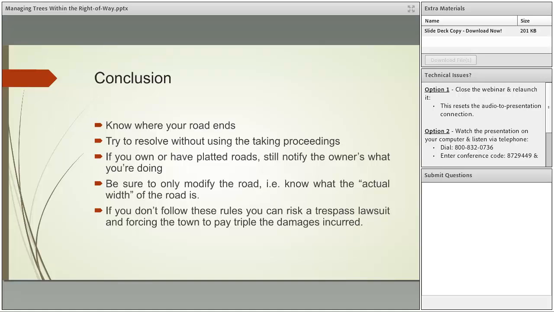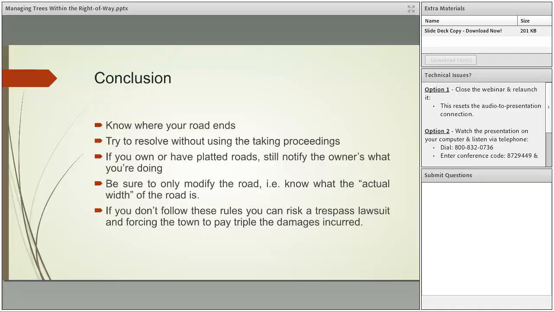Although this wasn't addressed here, there are certain considerations to make when disposing of the wood from the tree. Some of those considerations include that the cut wood shall belong to the landowner who owns the property that the right-of-way is on, and that the Road Authority will place it onto the landowner's property without doing unnecessary damage.